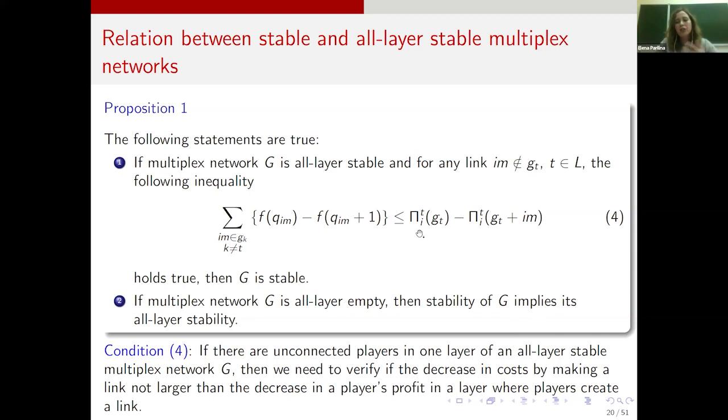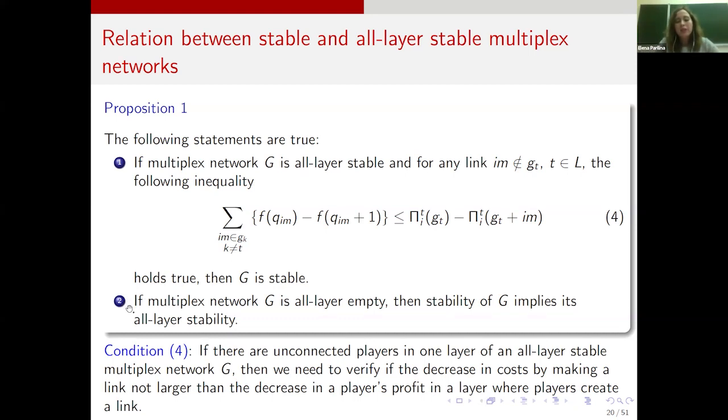These conditions say that if there are unconnected players in one layer of an all layer stable multiplex network, then we need to verify that the decrease in costs by making a link is not larger than the decrease in a player's profit in a layer where players create a link. So we only focus on one layer here.